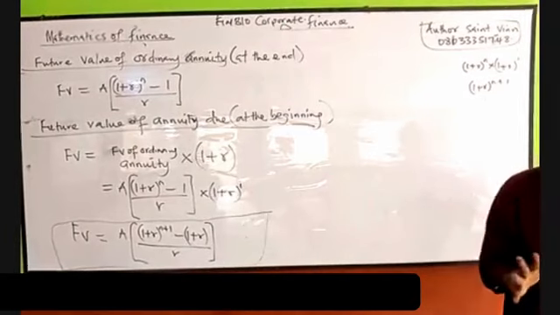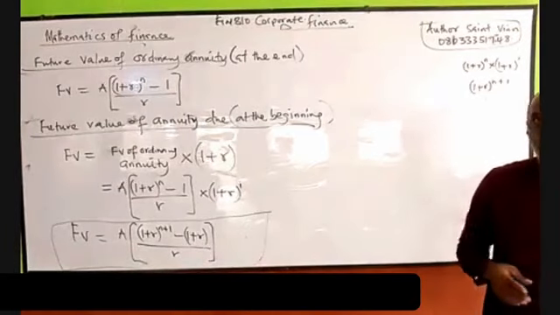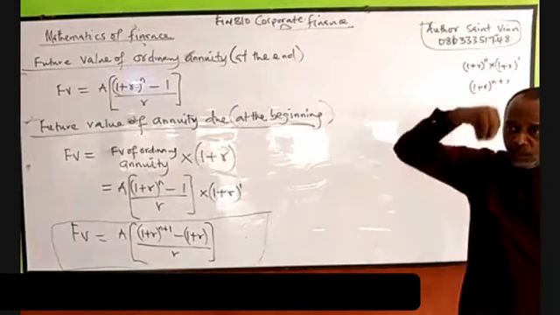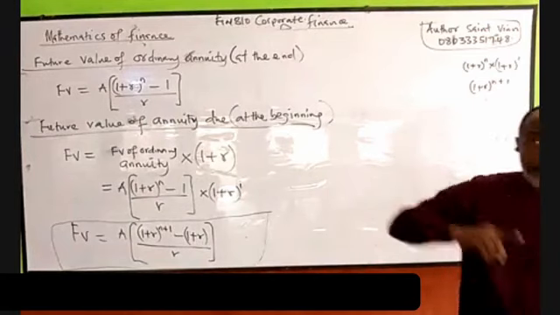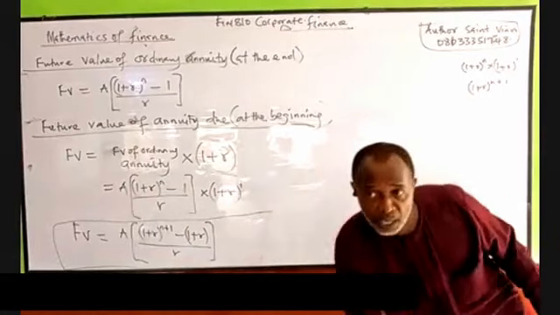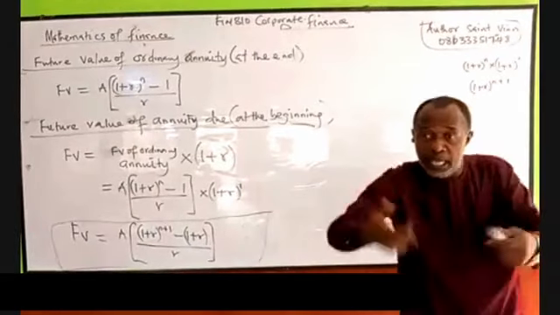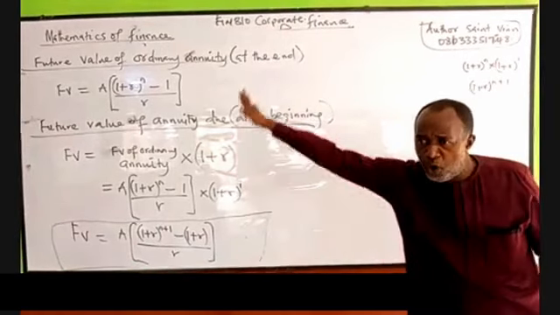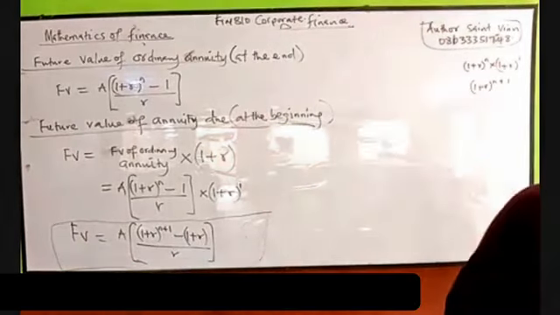You remember the idea that if I know the present today, if my present today is 1,000 naira, to get the future, I compound. Compounding means multiplication. Then if I know the future, like you can see on the board, and I want to know the present, how will I do it?